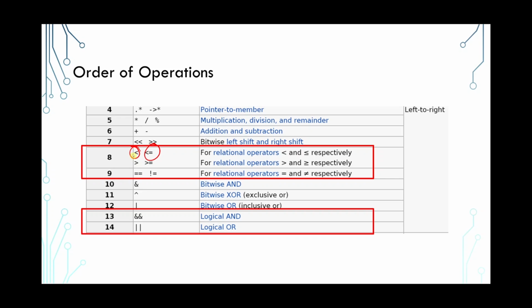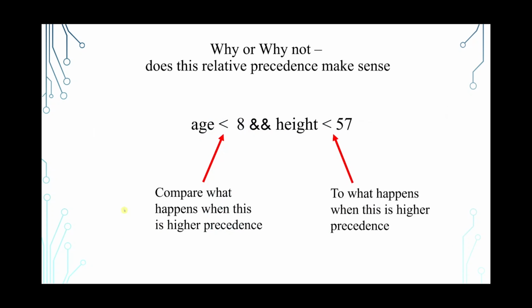Then you do the AND or the logical OR. First, you need to get each side to either true or false, shortened to a single value. Then you connect them with the operator ampersand, like the logical AND.